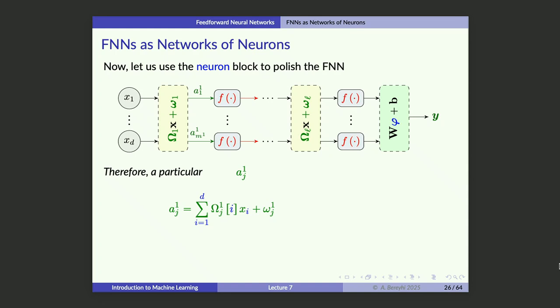Now, what's going to happen next after I compute this A? What do I do to that linear computation? I pass it through the activation function, right? So the corresponding guy after activation is essentially the output of one artificial neuron, right? And what are the weights of that neuron?